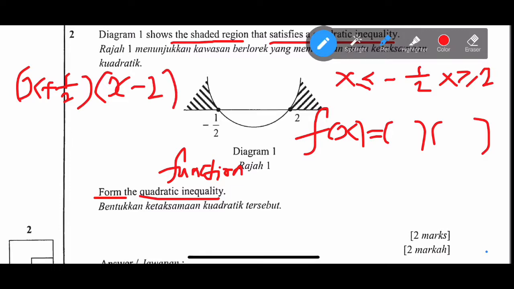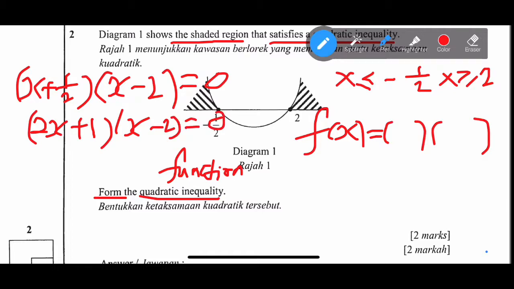When you form the quadratic equation, you must make sure you put in the factors correctly. If positive, it becomes negative; negative becomes positive, and it must be integer. From the equation, we convert to a function, because we're asked to form the inequality.